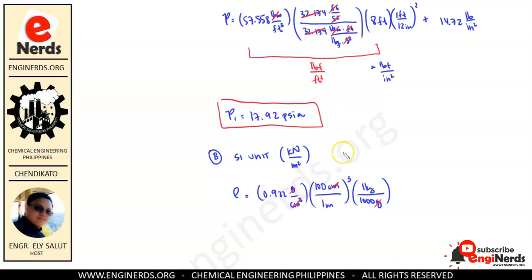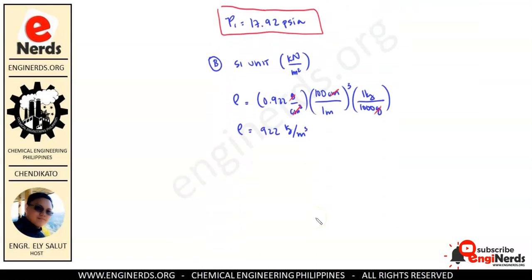Therefore, our unit will be kilogram per cubic meter. No? So our density is equal to 0.922 times 100 cube divided by 1,000 is equal to 922 kilogram per cubic meters. Okay, so ang gagamitin nating acceleration due to gravity is equal to 9.81 meter per second square, di ba?